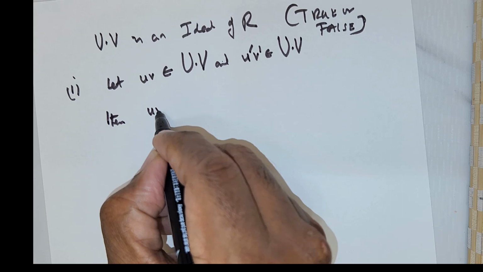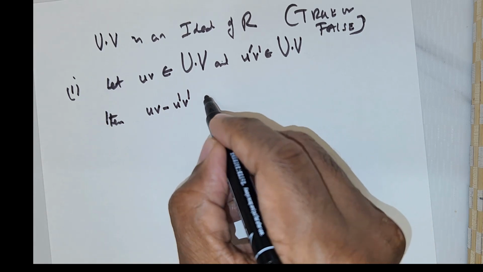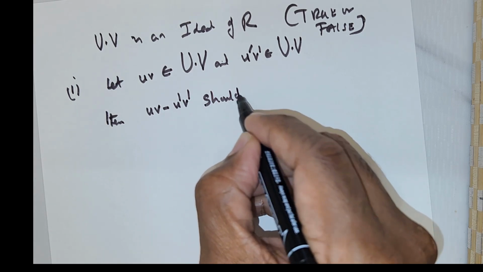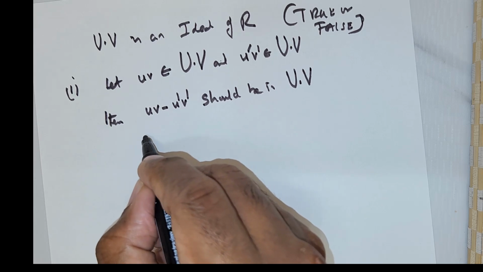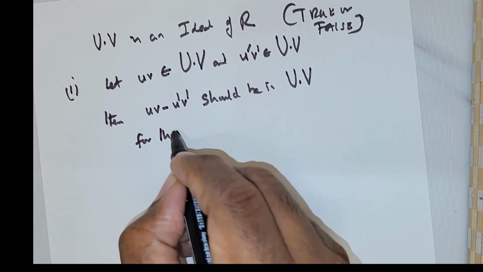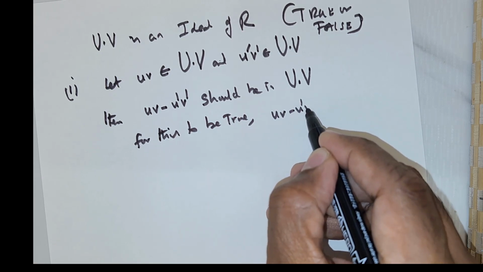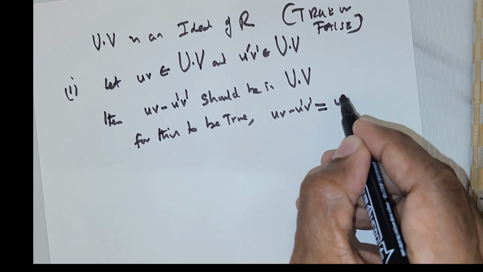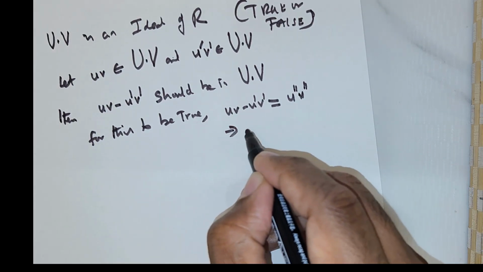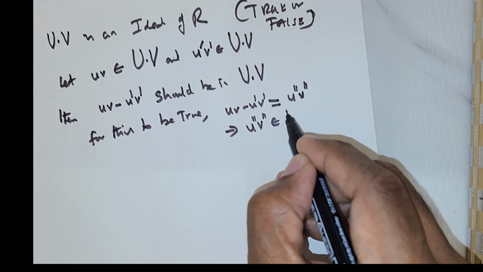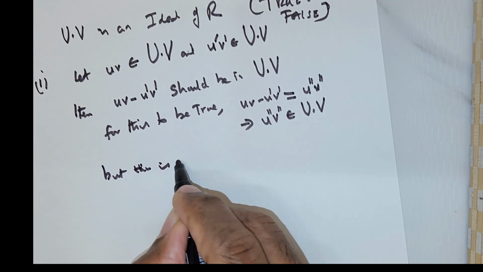Then uv minus u'v' should be in U dot V. For this to be true, uv minus u'v' must be equal to some u''v'' such that u''v'' is an element of U dot V. But this is not guaranteed.